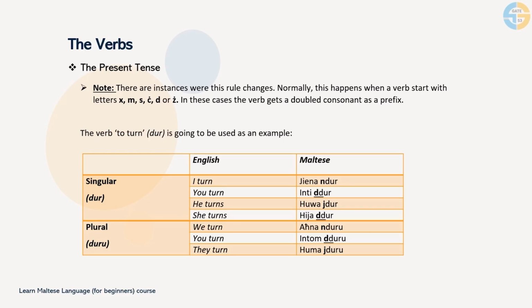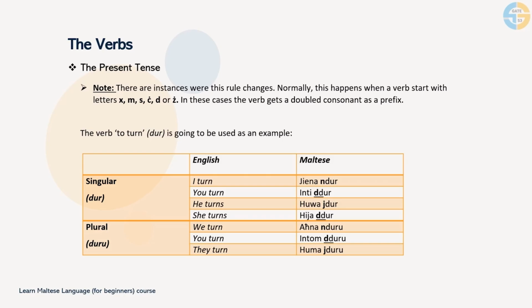So in these cases, when the verb starts with the letter esce, emme, esse, ce, de, or ze, the verb gets a doubled consonant as a prefix. That's why we have the double D in inti, hija, and intom.